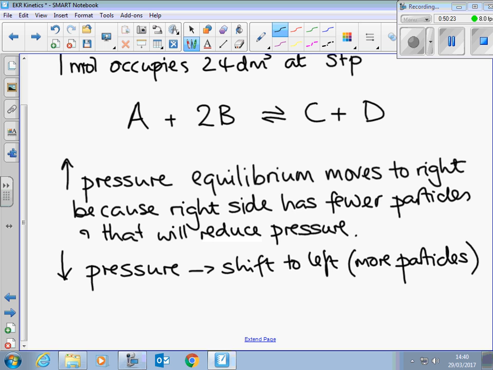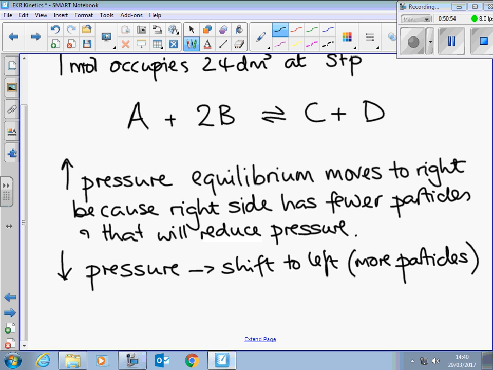What happens if there's the same number of molecules on both sides? Nothing. Because there is no change in equilibrium that will help. So if you've got A plus B gives C plus D, we haven't got a 2 there, then you can increase the pressure, but it won't affect equilibrium. You could decrease the pressure, it won't affect equilibrium, because you can't produce more particles or fewer particles in order to change the pressure.